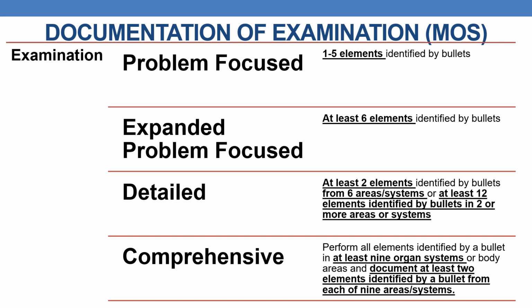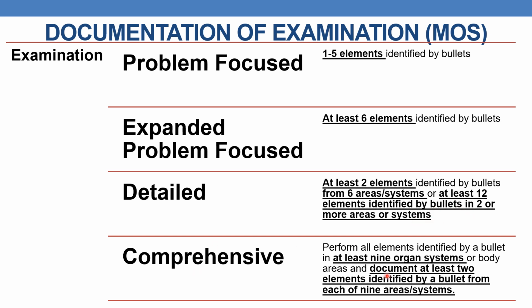Here you can see, for general multi-system examination, problem focused requires 1 to 5 elements identified by bullets. Next, expanded problem focused, at least 6 elements identified by bullet. For detailed, at least 2 elements identified by bullets from 6 areas, or at least 12 elements identified by bullets in 2 or more areas or systems.